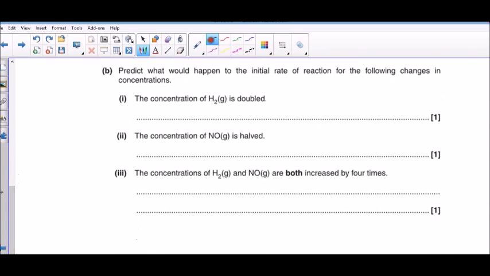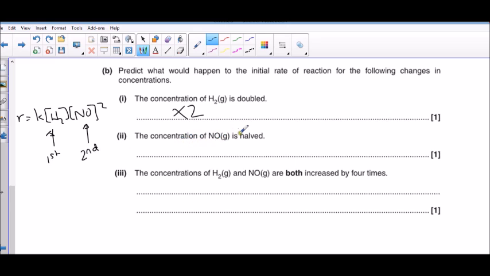Carrying on down, so I'm just going to remind myself that rate equals K H2 NO squared. So if I double the concentration of H2, this is first order. So whatever I do to the concentration happens to the rate, so that's going to times by 2. NO is second order, so whatever I do to the concentration is squared.